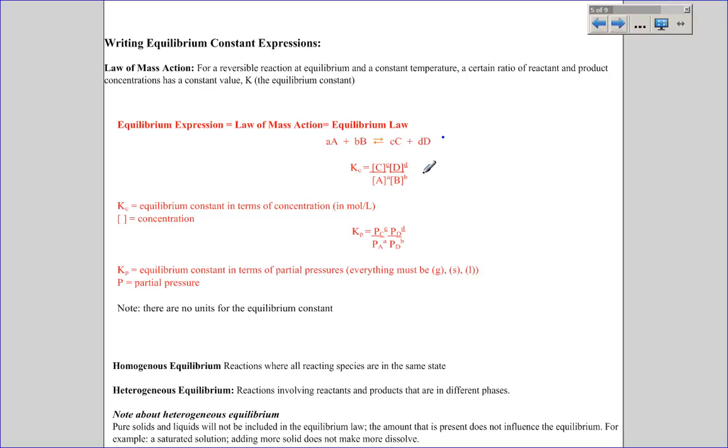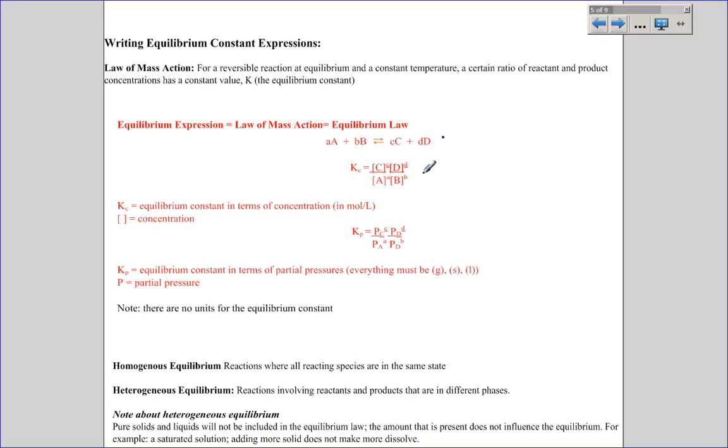We take each product, the square brackets mean concentration, we take the concentration of C and raise it to the c, the concentration of D and raise it to the d, divided by the concentration of A to the a times B to the b. So it's products over the reactants, and each of the individual reactants and products are raised to the exponent based on the coefficient in the balanced chemical equation.